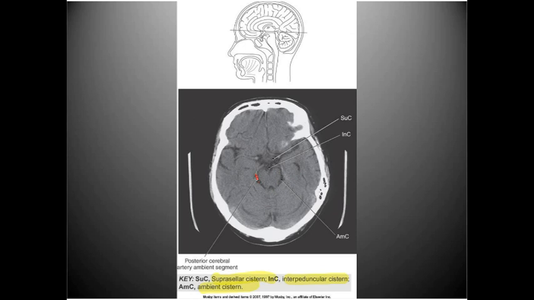We have the posterior cerebral artery, we have the middle cerebral artery, the anterior cerebral artery, the ambient cistern, fourth ventricle, cerebellum, lateral fissure, falx cerebri, frontal sinus, mastoid air cell.